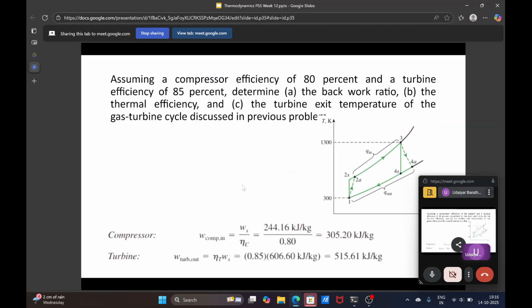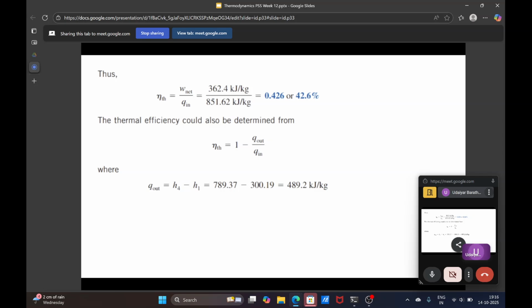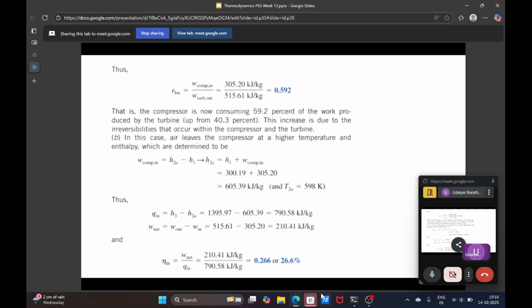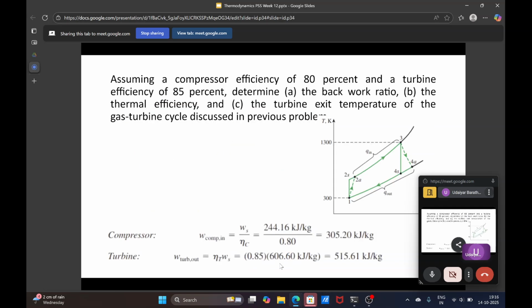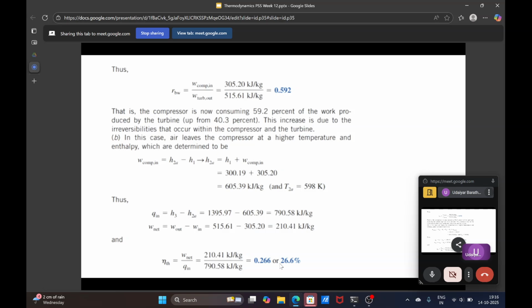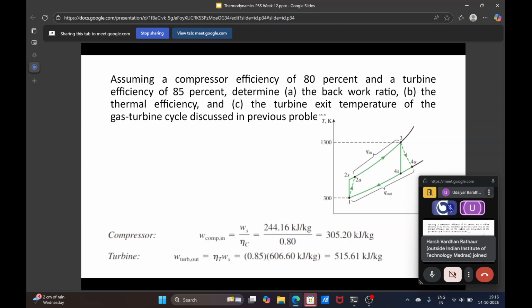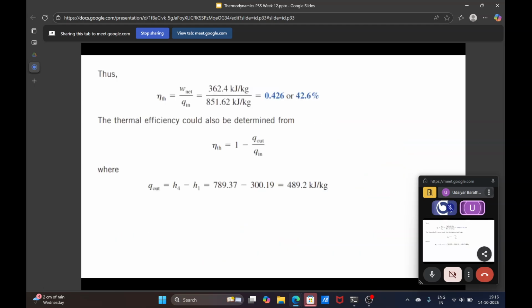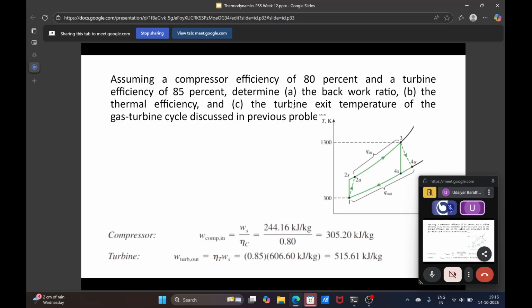So this efficiency, if you see, has dropped from 42.6% to 26.6%. So 42 to 26. That's a huge drop in efficiency. Previously, with an ideal compressor and turbine, your efficiency was 42.6%.